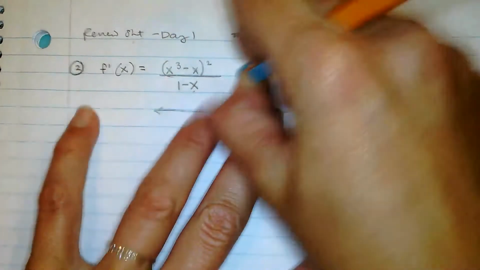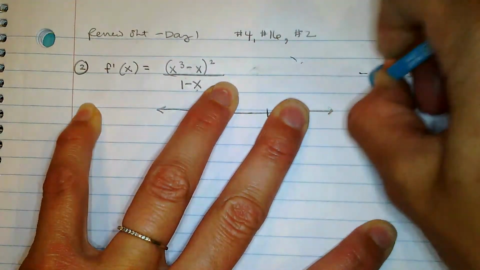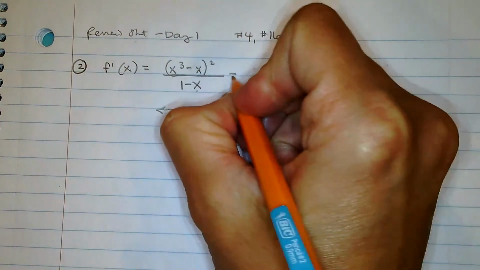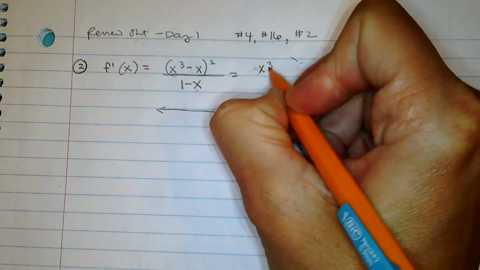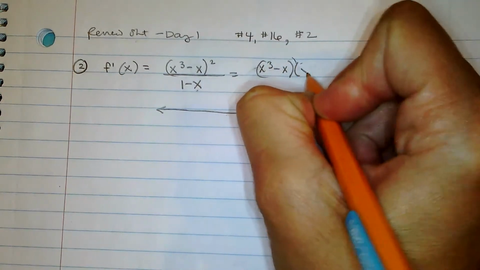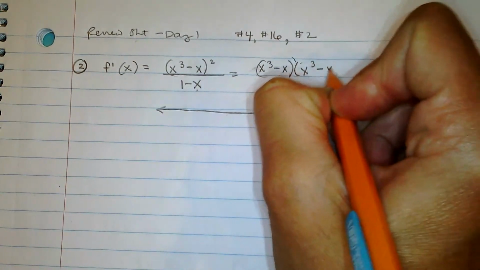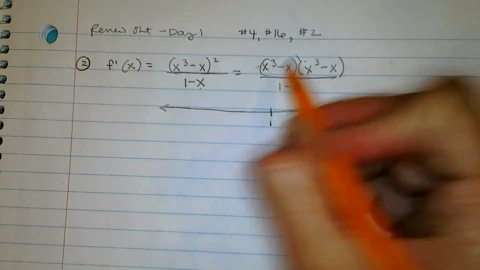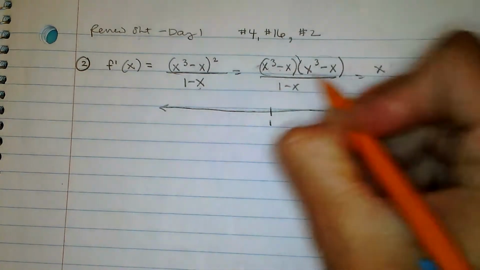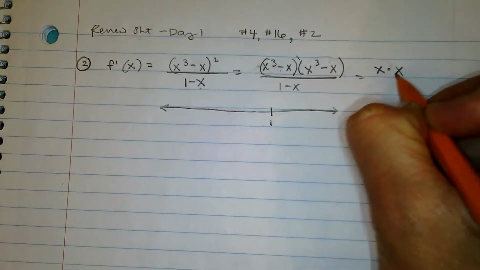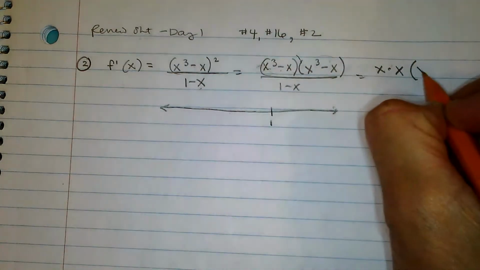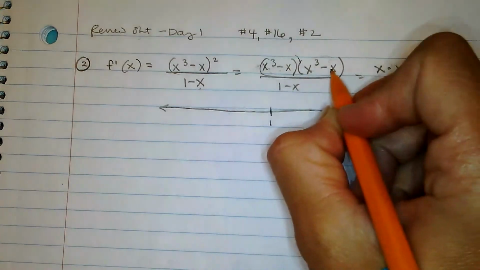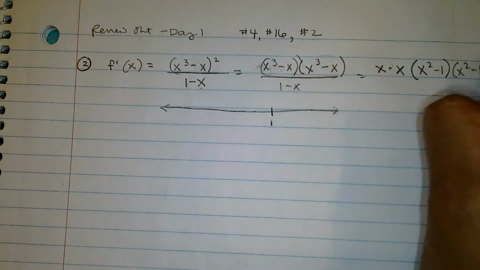I'm going to get rid of this because now I'm taking it back and I need space. Because this is really what our numerator means, I would factor an x out of that one and an x out of that one. That would leave the first one with x squared minus 1 and the second one with x squared minus 1.